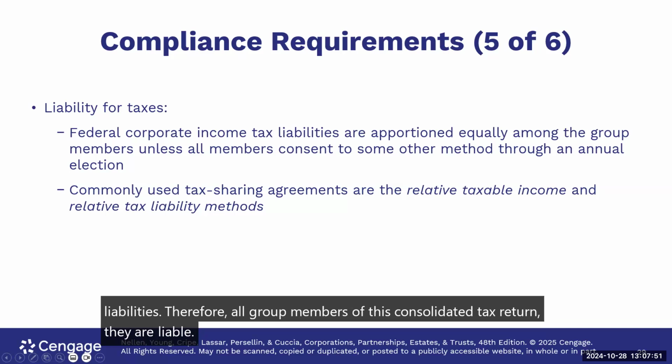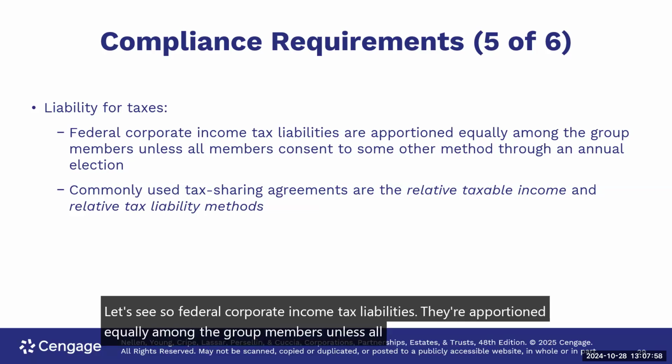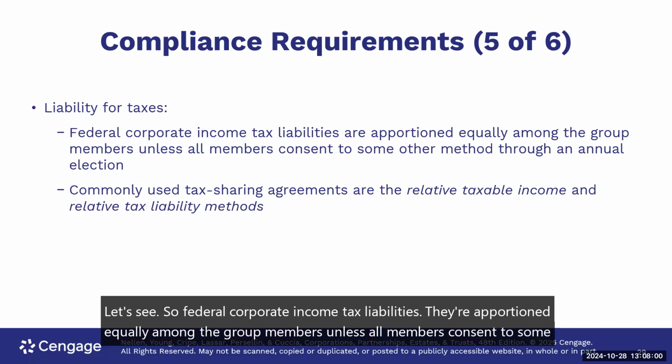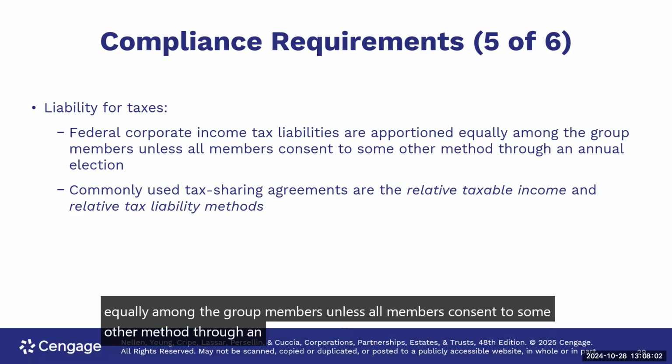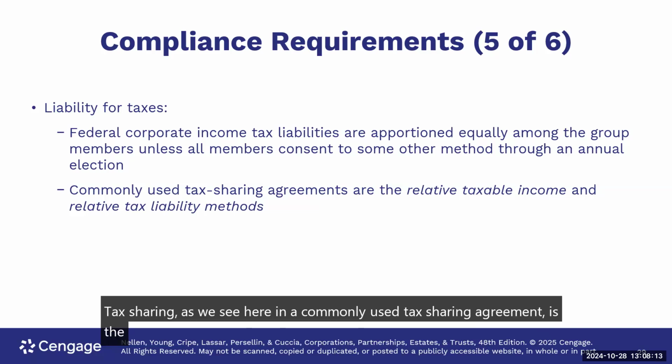Federal corporate income tax liabilities are apportioned equally among the group members unless all members consent to some other method through an annual election. This would be like tax sharing, as we see here. A commonly used tax sharing agreement is the relative taxable income and relative tax liability method.